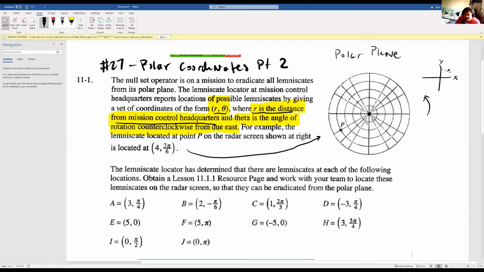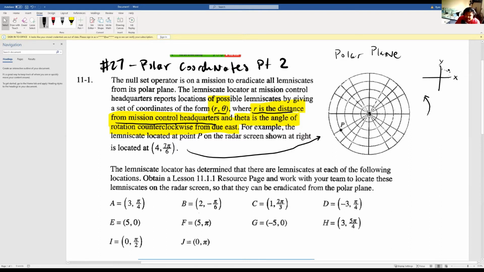We have 1, 2, 3, 4. Hence, this point P is 4 units away from the origin, and it's at the position of 7pi/6, if you remember your unit circle. Starting at 0 radians, it rotates counterclockwise all the way to 7pi/6.